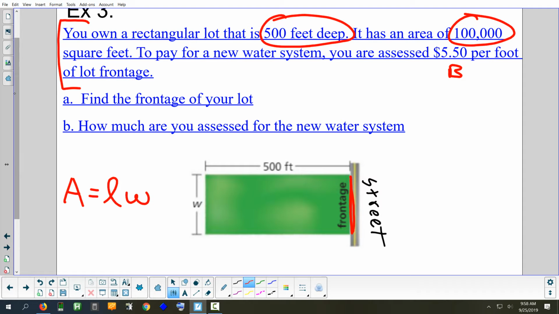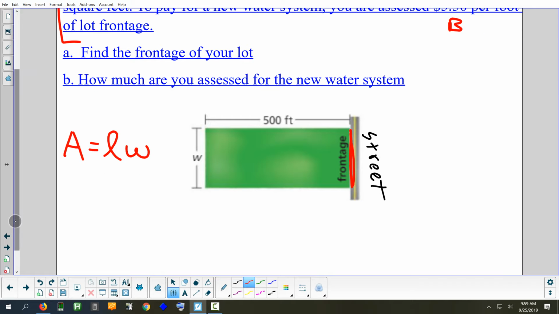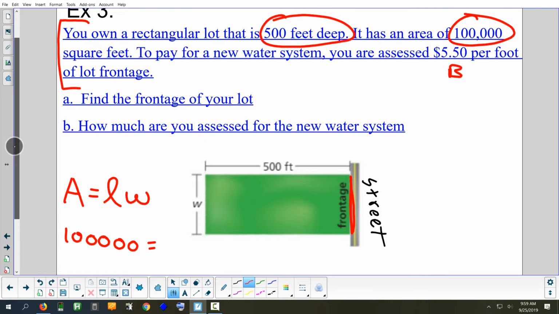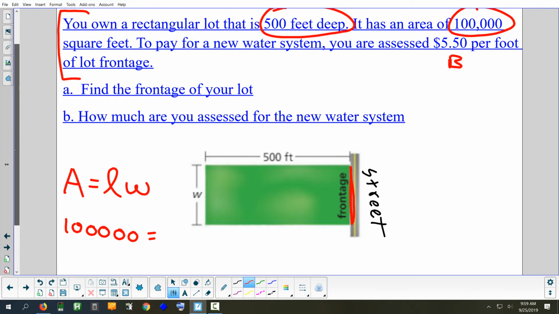Now, what is it that we really need to figure out in this formula that we don't know? Which letter? A, L, or W? I think we know A. What did they tell me A was? Yep, 100,000. Area of 100,000. So I can fill in 100,000 for A. How about L?